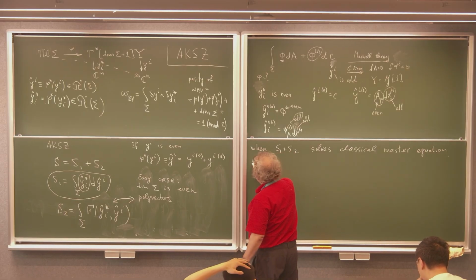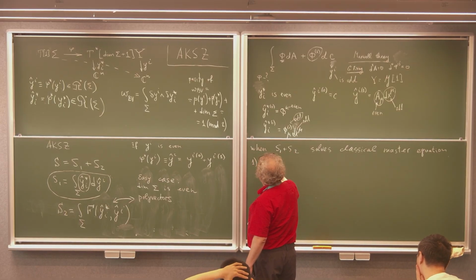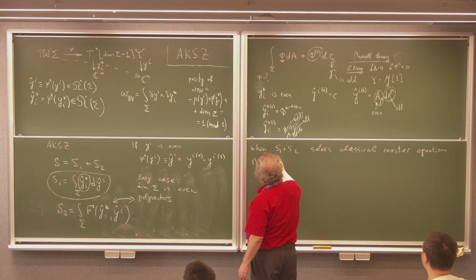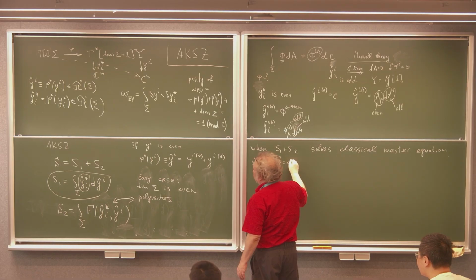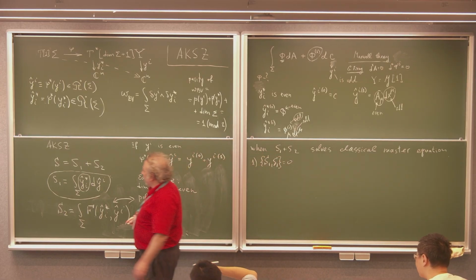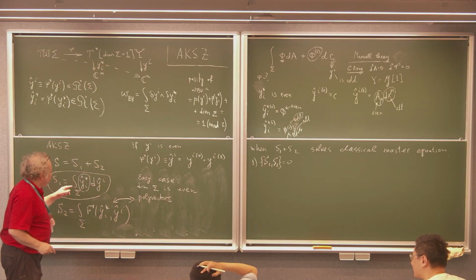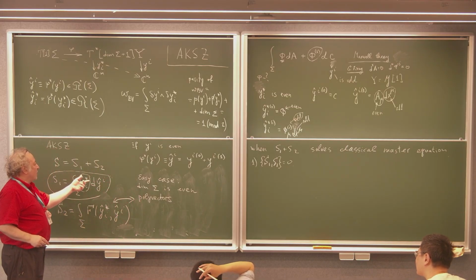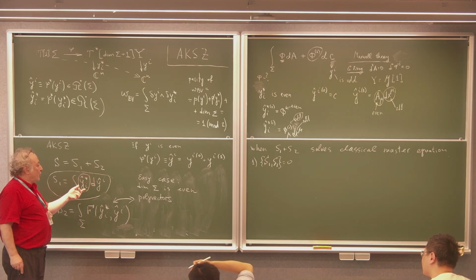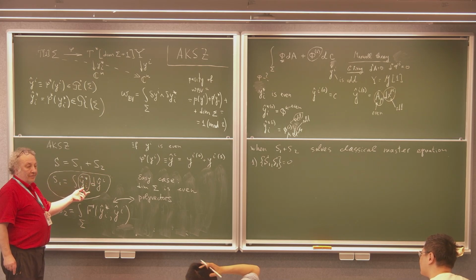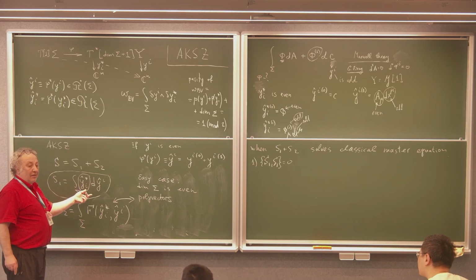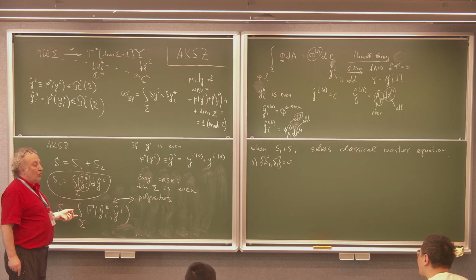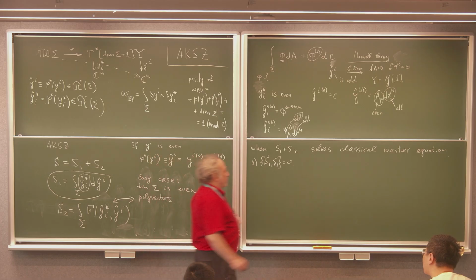First, it is easy to check that S1 squared is 0. Why? It is because S1 takes y into dy, and then again takes y into dy. And this is 0 because d squared equals 0.